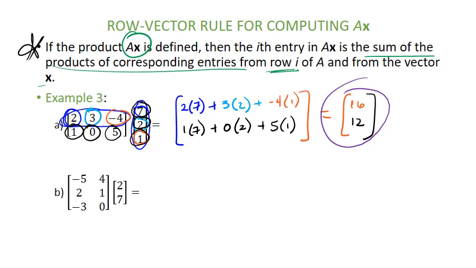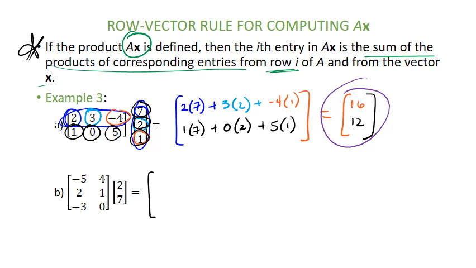So what you'll do is take the first row, multiply it by everything in this column. Once you've done that, move to the next row, multiply it by everything in this column. Once you've done that, move to the last row, multiply it by everything in that column. See if you can do that by pausing this video, and then I'll show you how.